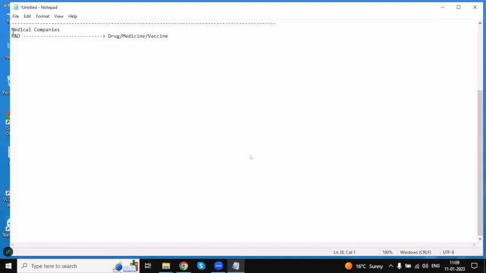Once they're done, what will they do? They'll start testing this drug. How will they do the testing? They start the clinical trials.